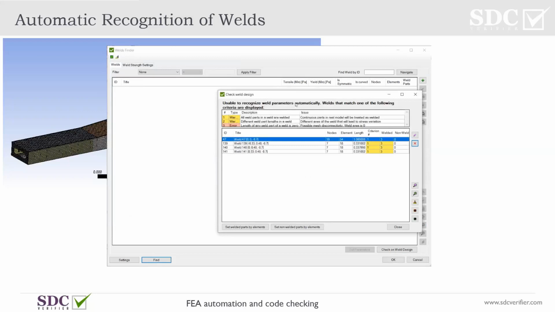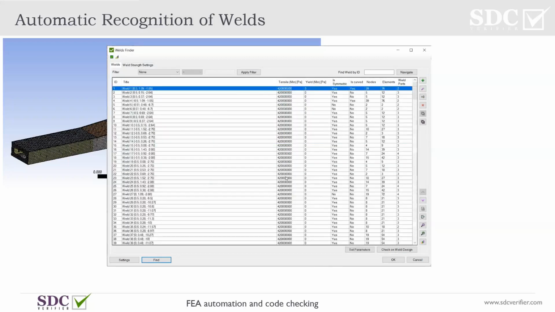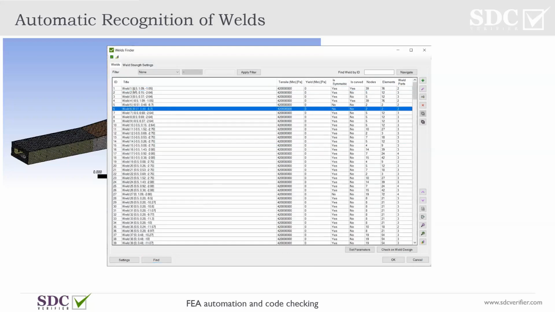Even if you have a really simplified modeling approach, you'll get a notification where you only need to tell the software which part is welded and which one is not. That's it. You don't even have to remodel things. At the end, it automatically recognizes all the welds in your model.